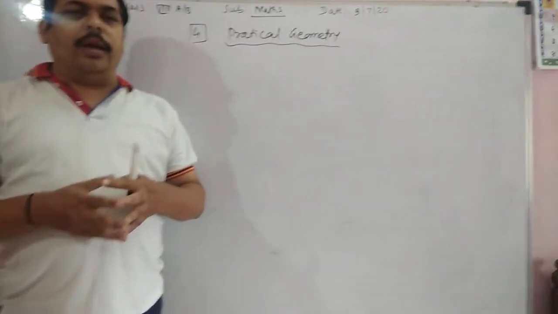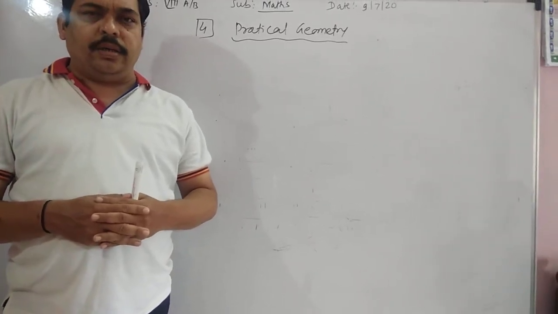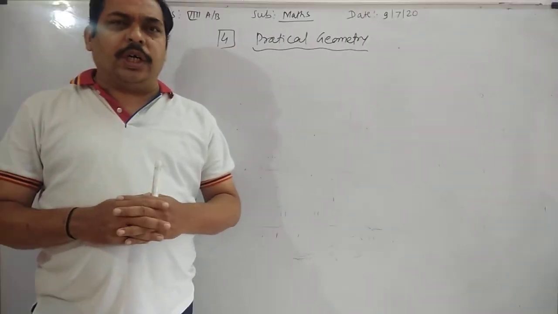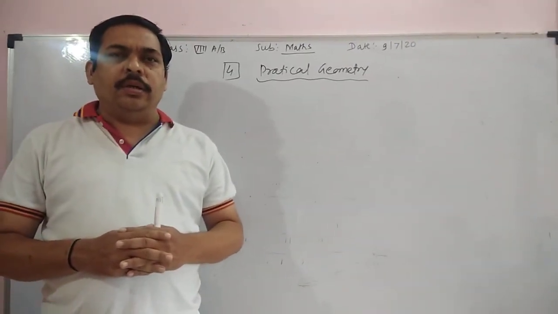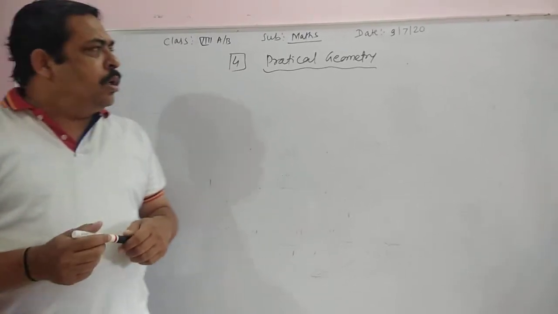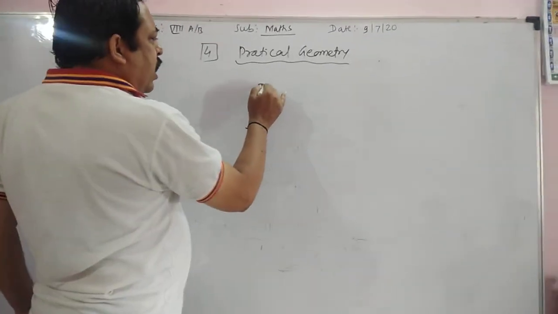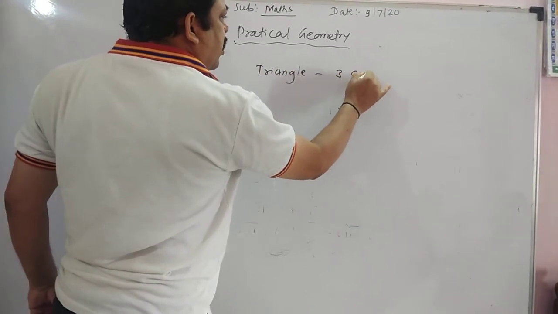Last year, in 7th standard, we already learned how to construct a triangle. If I want to construct one triangle, then how many components do I need? I must think on that. If I want to draw one triangle, then I need 3 components.